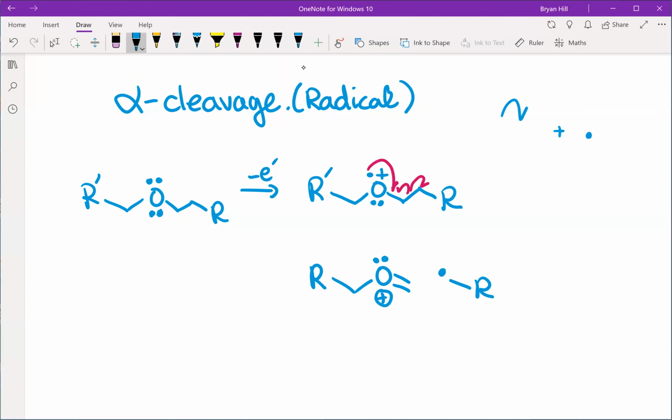So this fragment would be detected, and this fragment would be not detected. So this would not be detected.